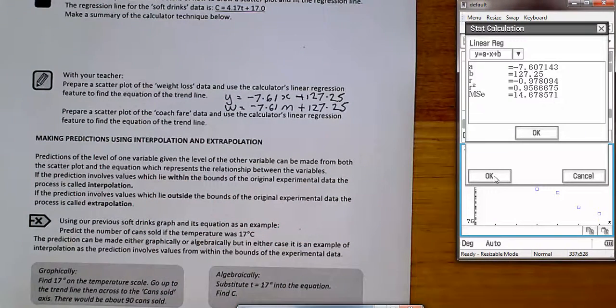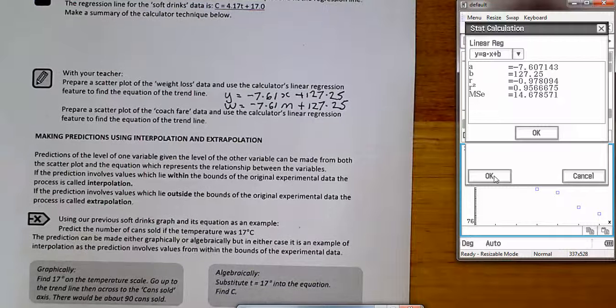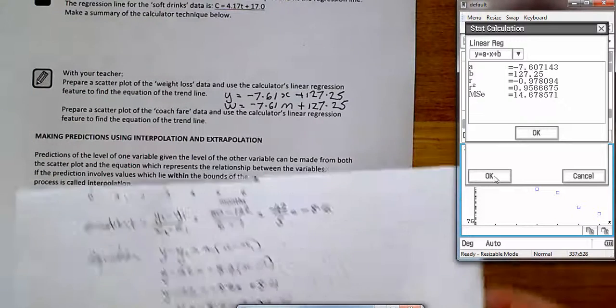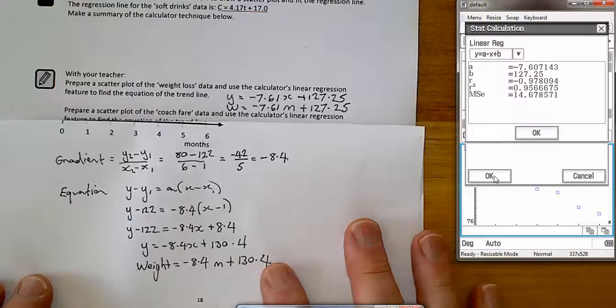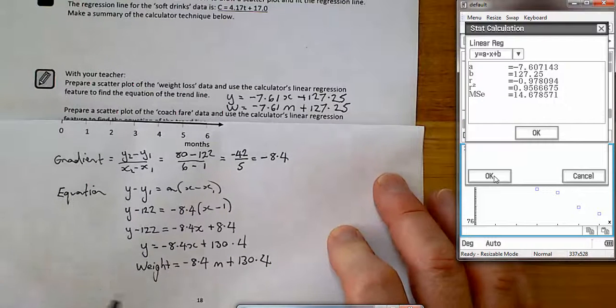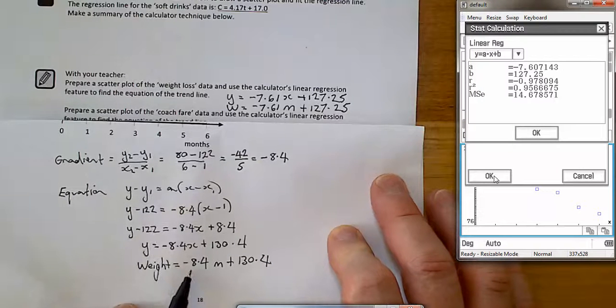So that's the relationship it's given us. Notice that that is marginally different from that which we calculated. I'll just bring back our calculations that we did for the weight loss data. This is what we got before: weight equals negative 8.4 times the number of months plus 130.